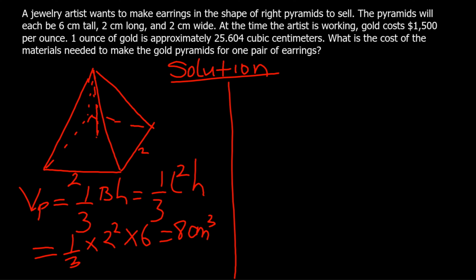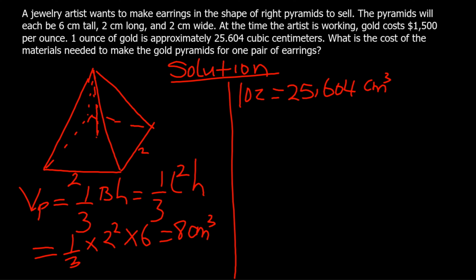Now they told us that 1 ounce is approximately equal to 25.604 cubic centimeters. Let me wipe that.